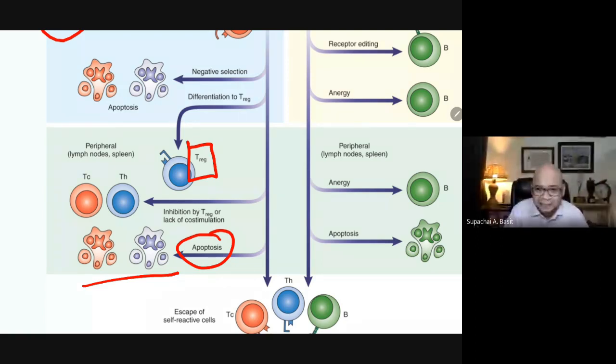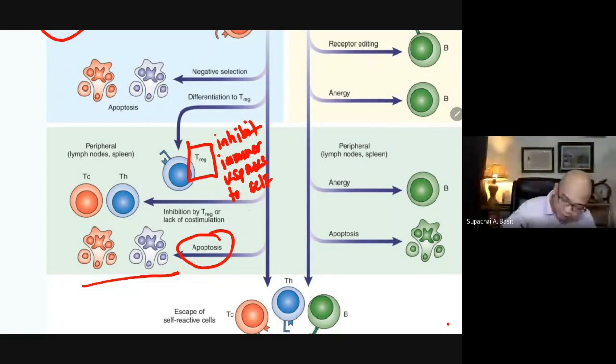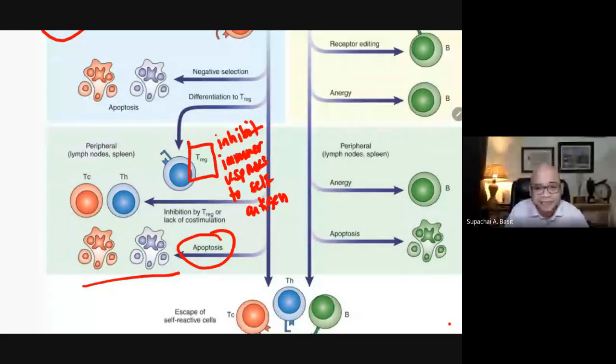And what's the importance of the T-reg cells? T-reg cells inhibit immune responses to self-antigen. So that's the importance of the T-regs.